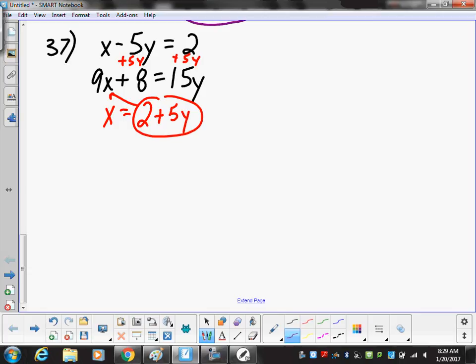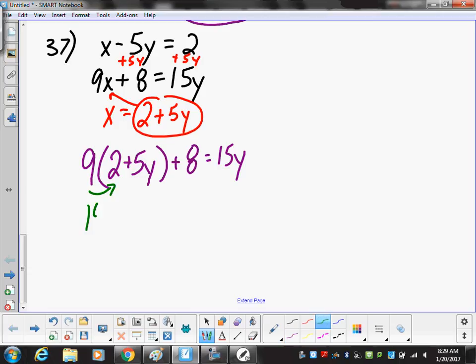So 9 times (2 plus 5y) plus 8 equals 15y. Okay, so now I just have y's to work with. I don't have the x anymore. So I can solve and get a value for y. So 18 plus 45y plus 8 equals 15y.